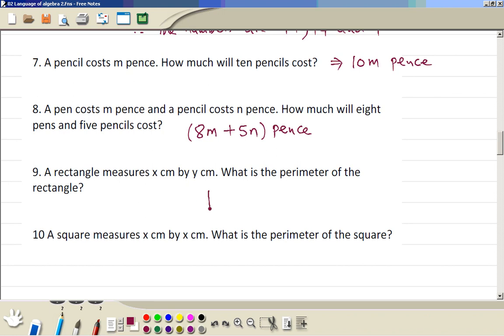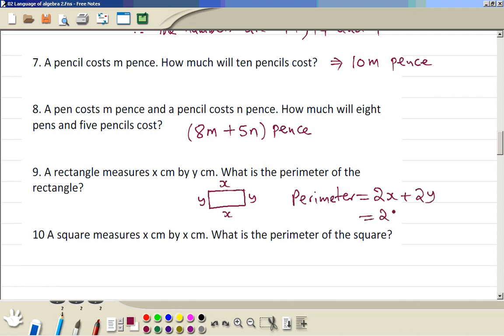Now the rectangle, so the length is x and the width is y, and this is also y, and this length is also x. So the total perimeter is x plus x, which is 2x, then y plus y is 2y.